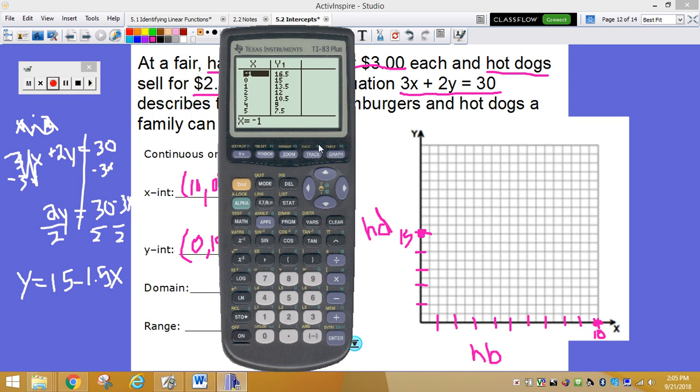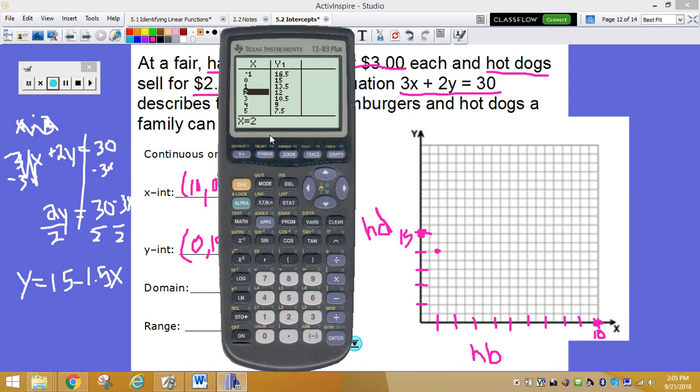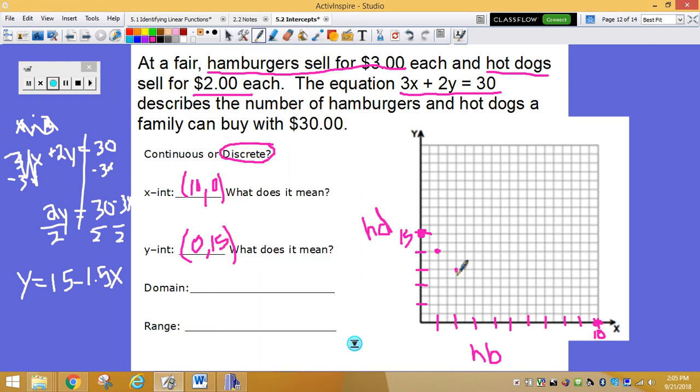Again, I'm not going to do the decimal ones because you're not going to buy 13.5 hot dogs. I could buy 2 and 12. So 2 and 12 would be right about here. I could do 4 and 9. 4 and 9, that would be here.